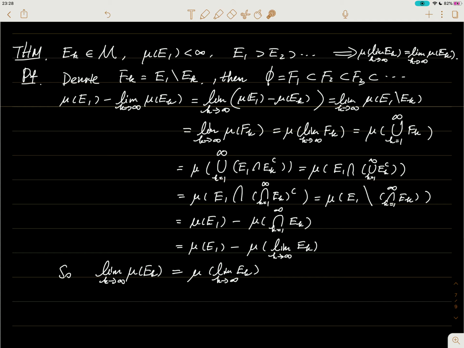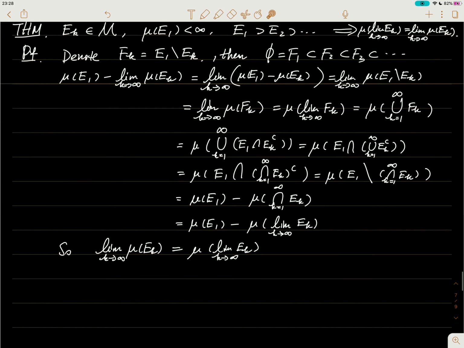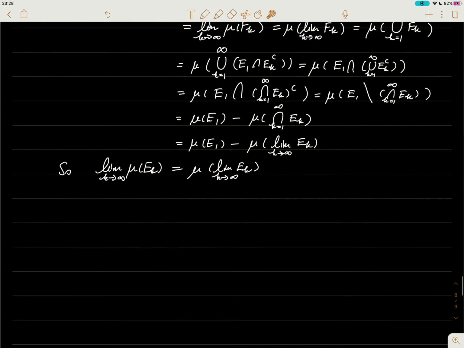Starting from some Ek, the measure is finite, because for the limit it doesn't matter what happens in the first finitely many terms. But we do need this to be finite for some Ek. The reason is, remember that we need this to be a finite number to actually put this inside, right? So this is where we actually use it.